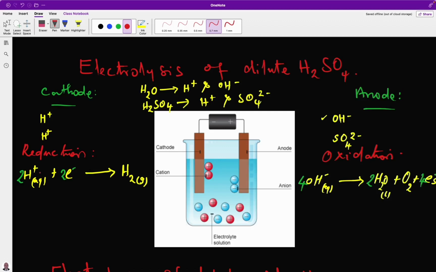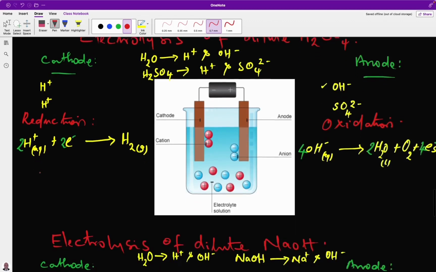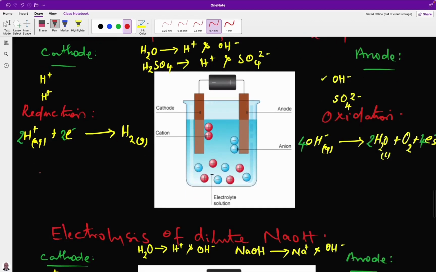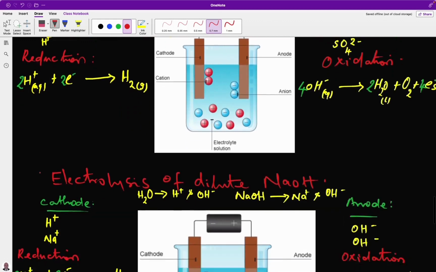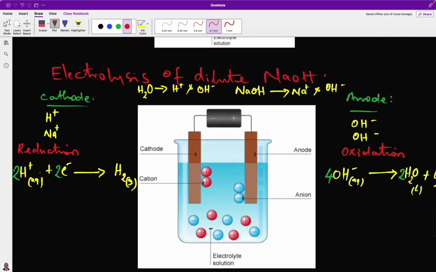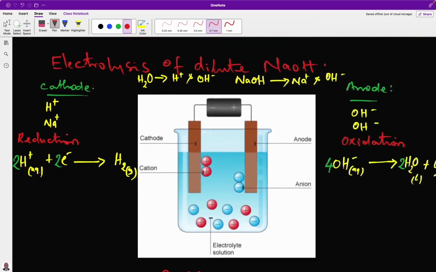Which one is given priority? The one lower in the electrochemical series, and in that case the OH ion was given priority, and we can now write our reduction and oxidation reactions simultaneously.